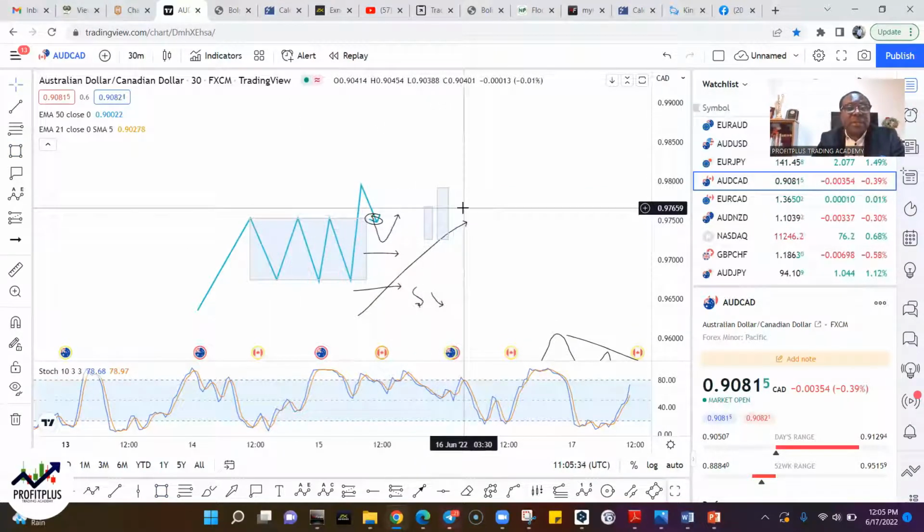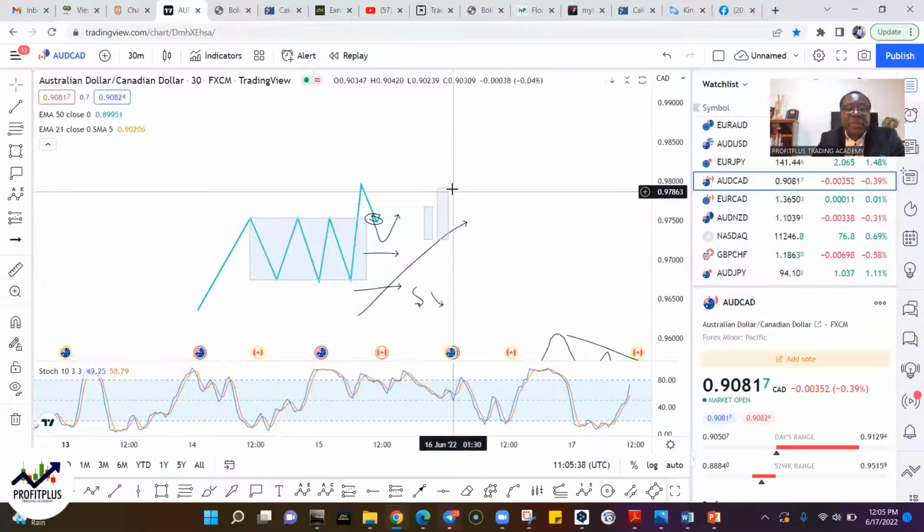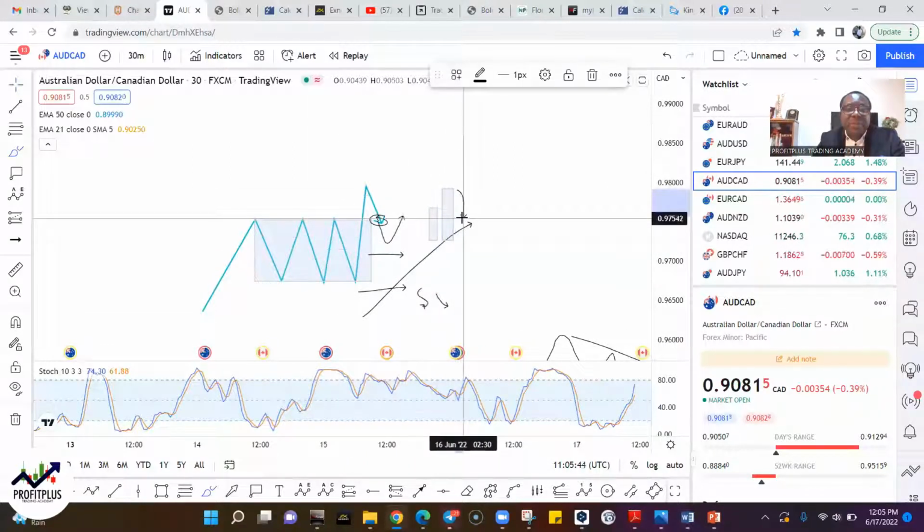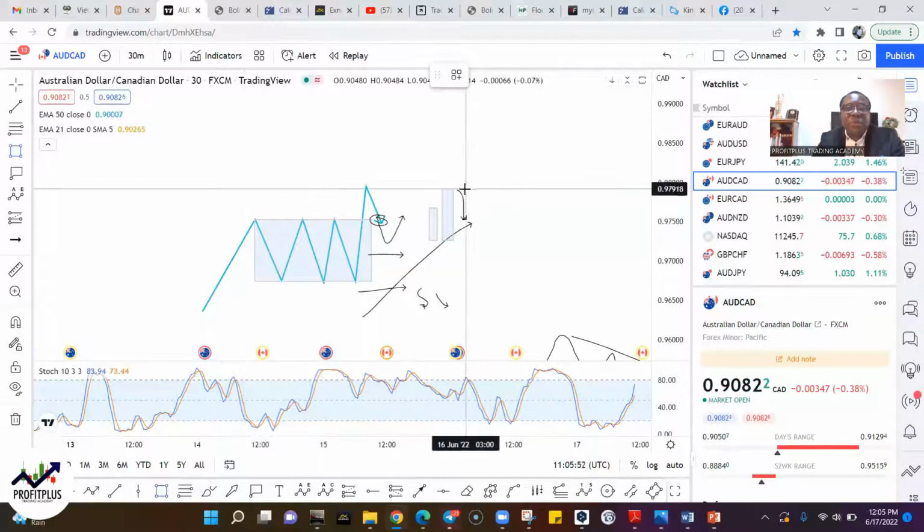Oh, fantastic. Price can retest, can push back from this level and get to, most times, midway. If the next candle that forms just gets to this level, this is what I usually would do.